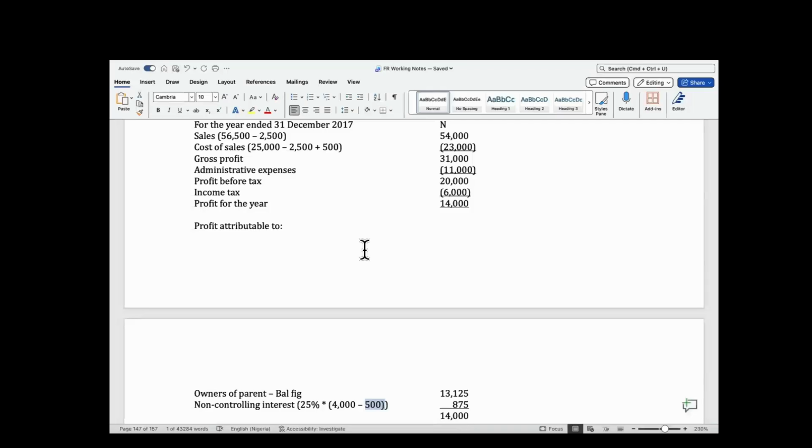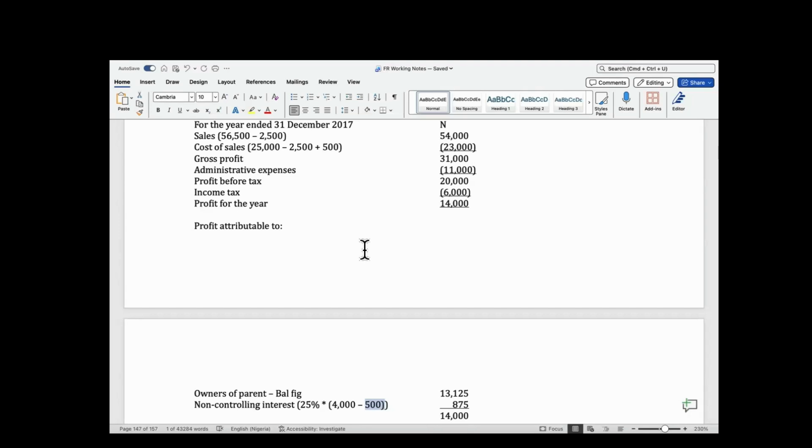The 500, the credit balance, we said we would add it to cost of sales, then we'll now remove it from our inventory. So I wanted to ask why. Why are we removing 500 from our inventory? Because the subsidiary sold something at value. Why not just remove the value at which we sold it? Why are we only removing the profits at which we sold it?